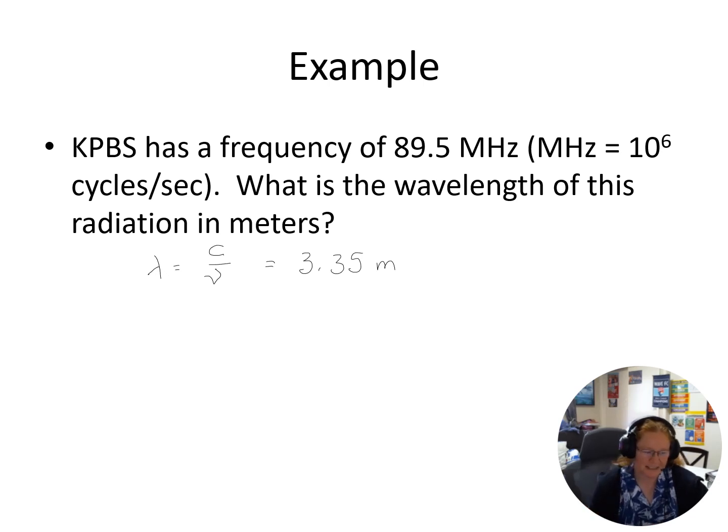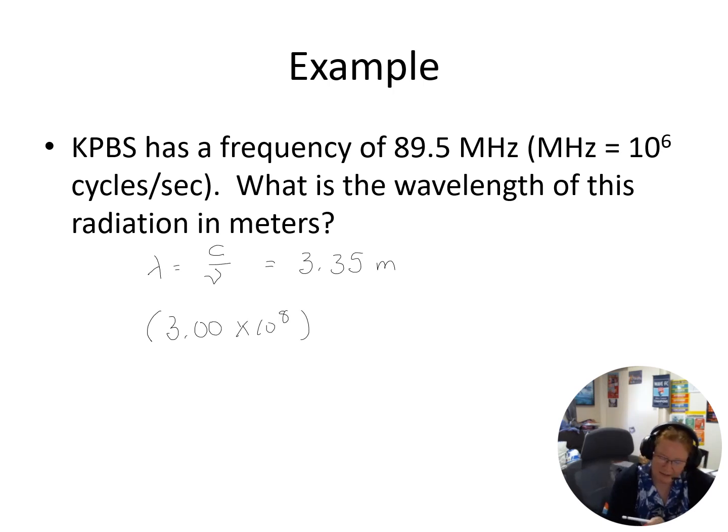So one of the biggest things is that when you're doing these types of division, you should have parenthesis 3.00 times 10 to the 8th, close parenthesis. You may also type it in as like 3.00 E8, close parenthesis, or on some calculators it's just a single E, 3.00 E8.